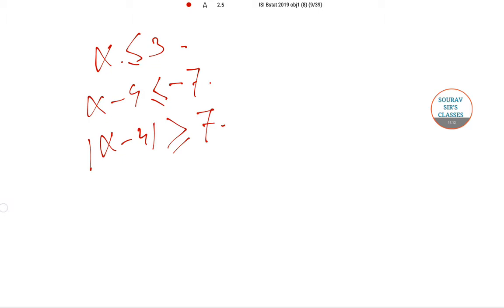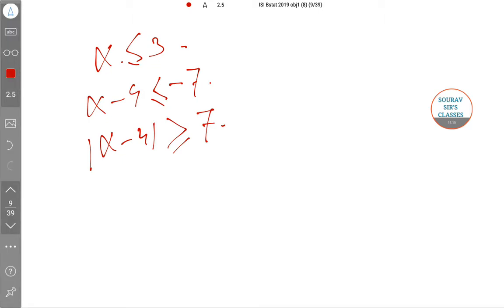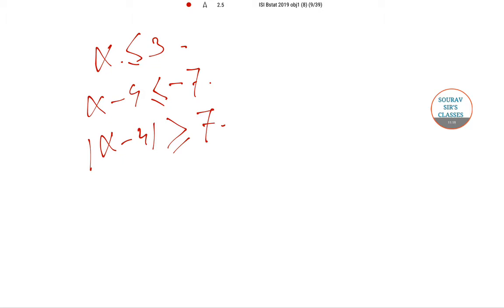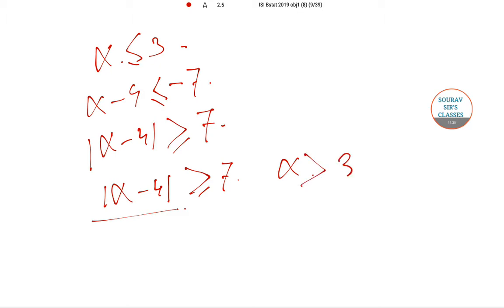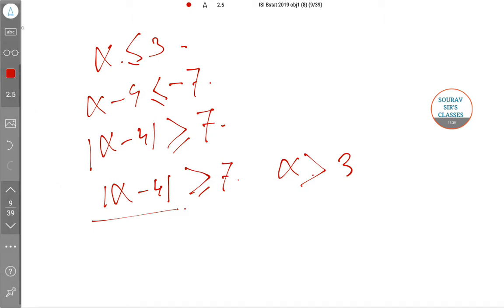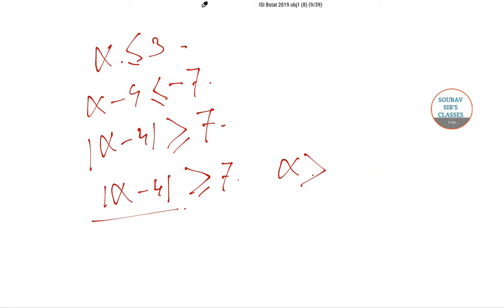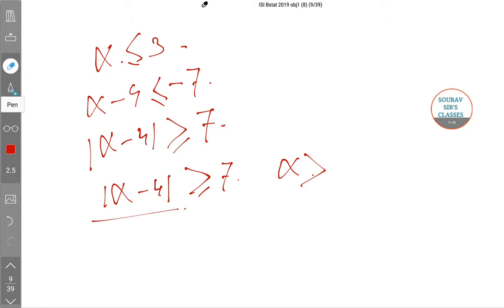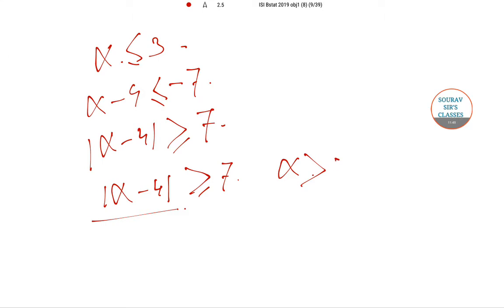Now we got the value of mod alpha minus 4 for all alpha greater than 1 and alpha less than or equal to 3.